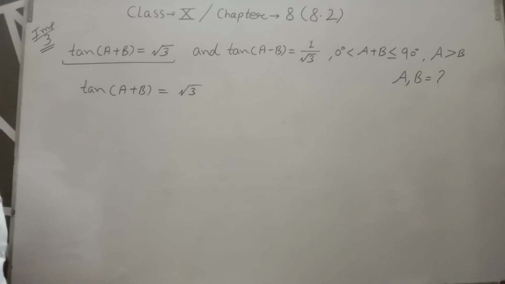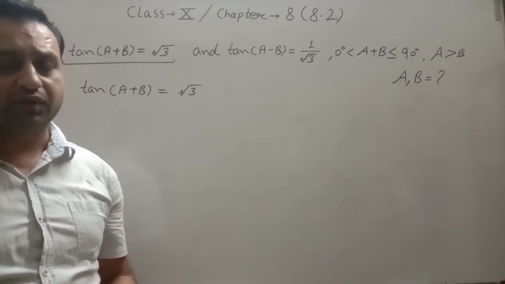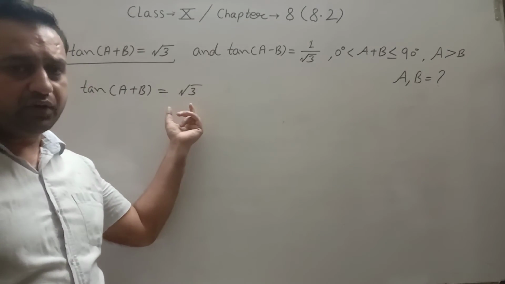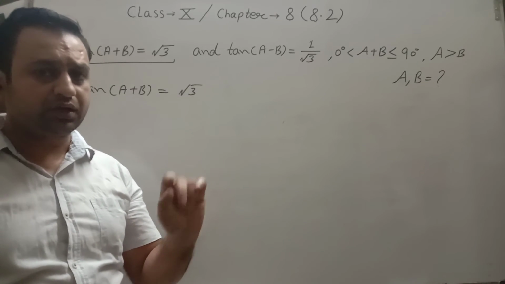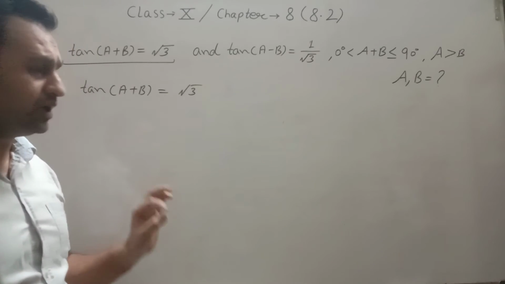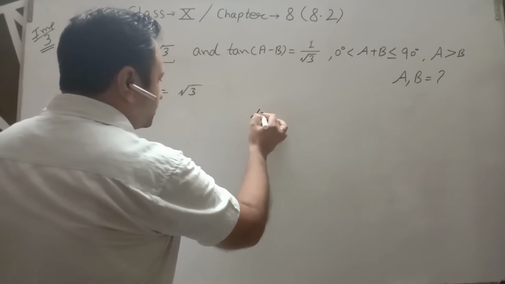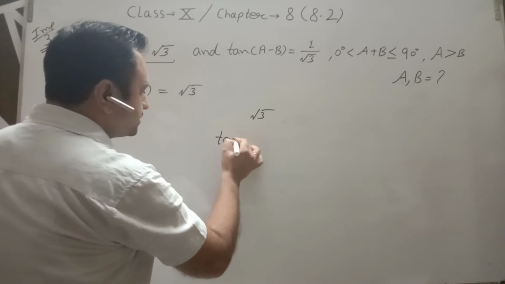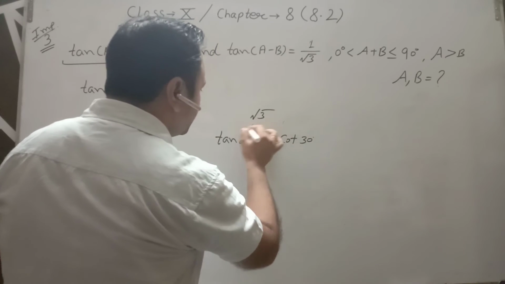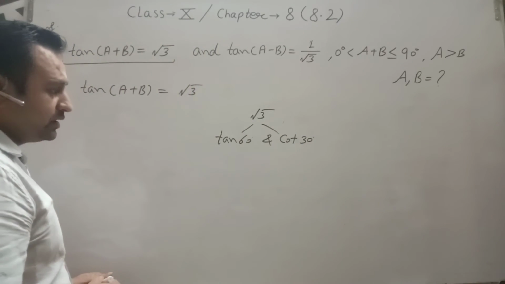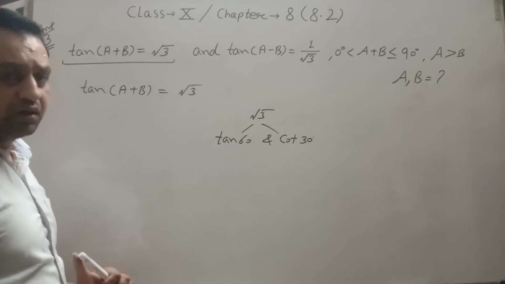Now think of the trigonometric ratio table we discussed in the previous video: the value under root 3 is equal to tan 60 degree and cot 30 degree. That means under root 3 is the value represented by both tan 60 degree and cot 30 degree.